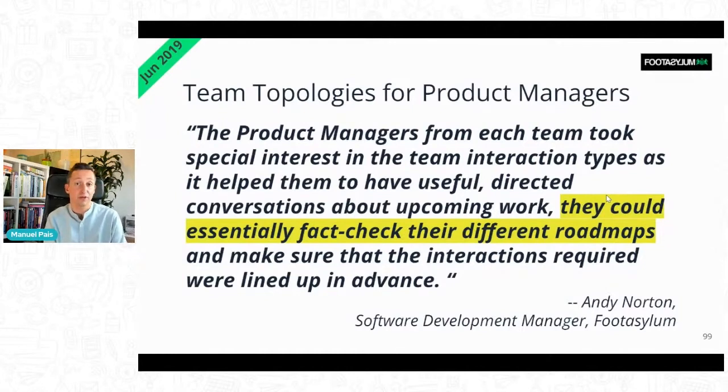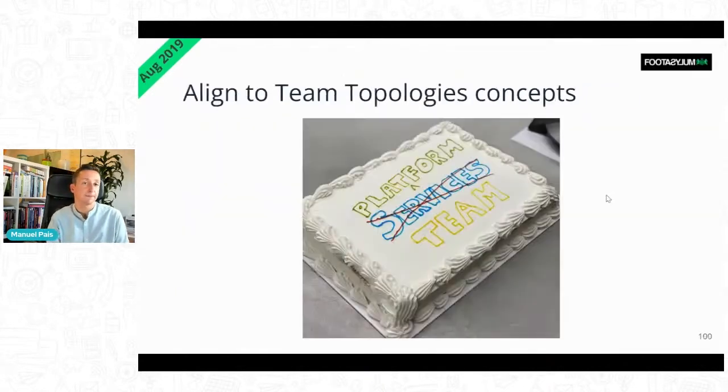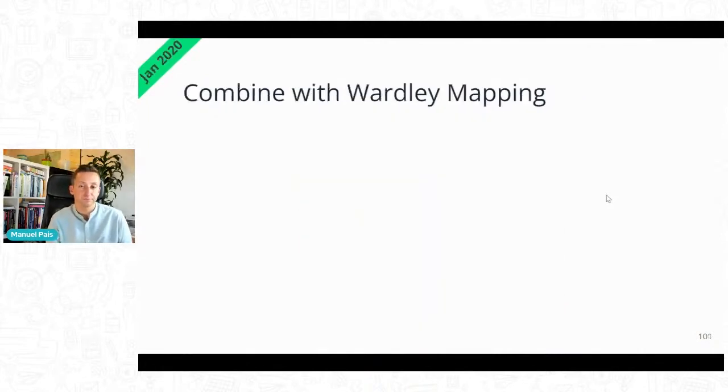This helped them cross-check that their ideas and roadmaps for where the products are going made sense and were feasible. They also moved from the services team to a truly platform team focused on self-service.